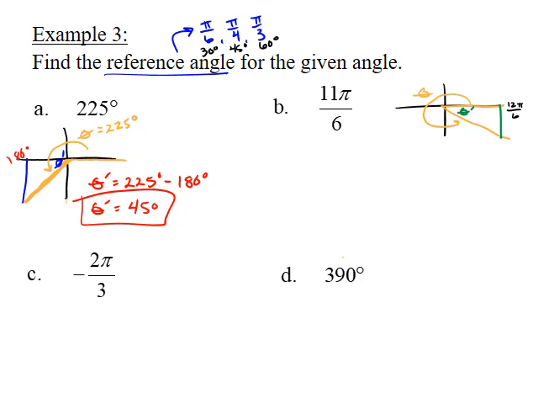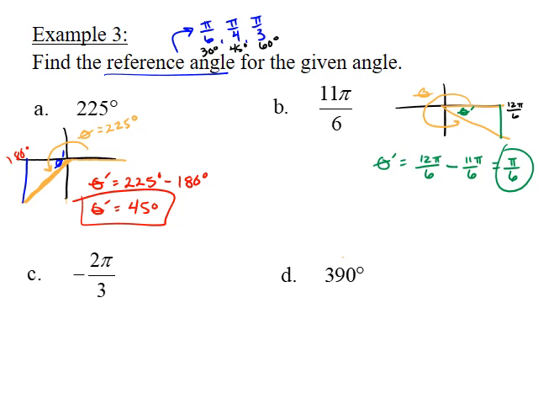I just need to figure out what this angle measure is. The way I do that, in this case, is I take 360 degrees, or 12 pi over 6 since we're dealing with radians, minus theta, which is 11 pi over 6, to find my reference angle is pi over 6.